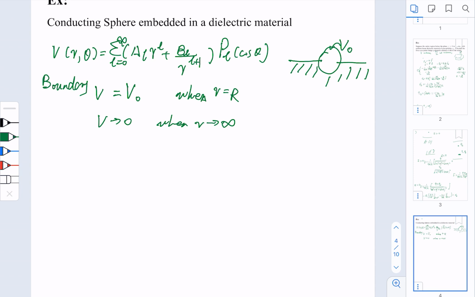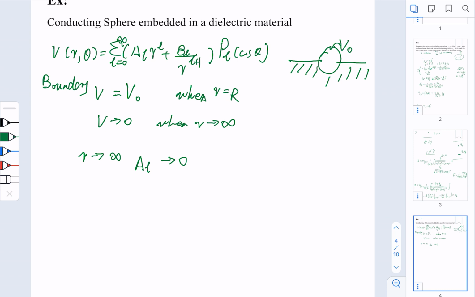So we immediately see that because the solution goes to zero as r goes to infinity, this A_L must all go to zero, because otherwise it will diverge, and so the problem only remains for the B coefficient.